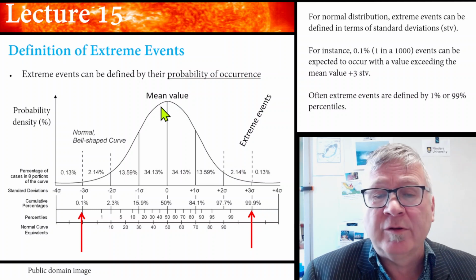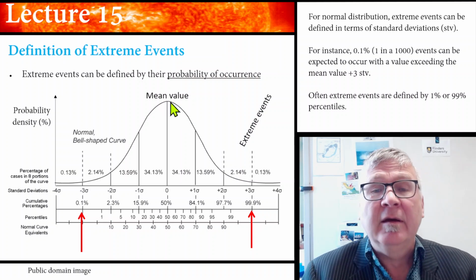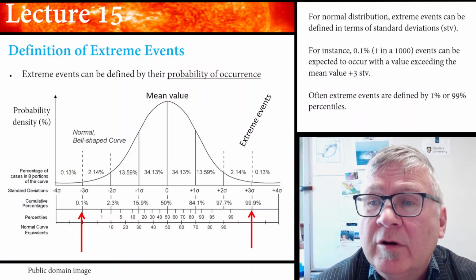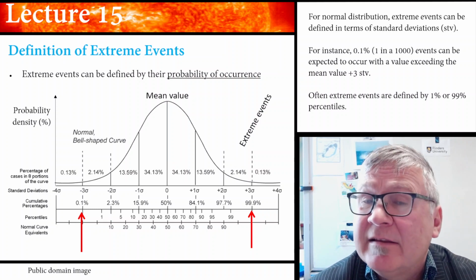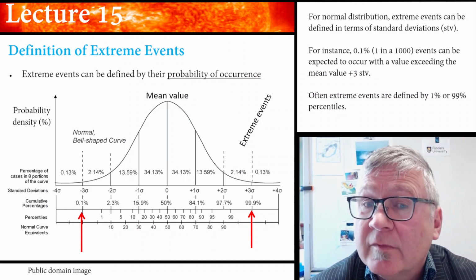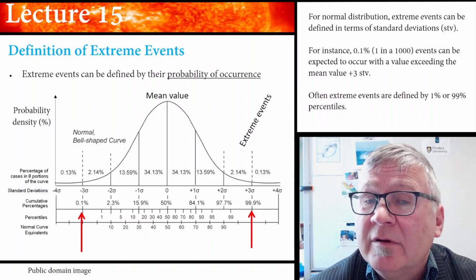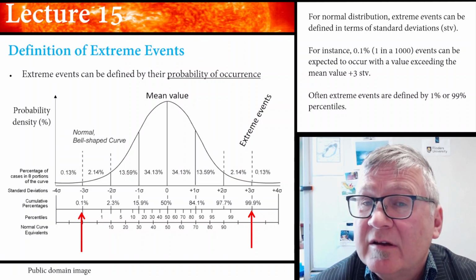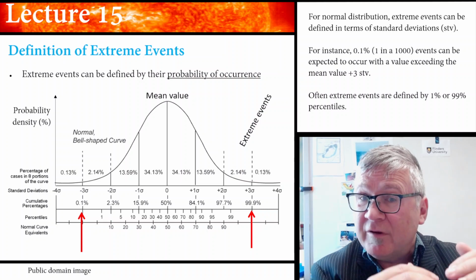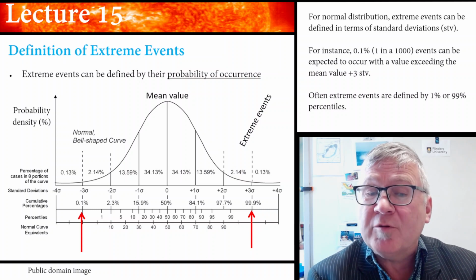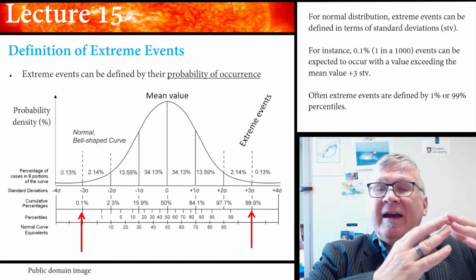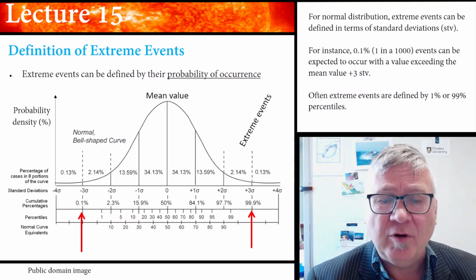You can work out what the mean value is. But you can also work out something that we call the standard deviation. And the standard deviation tells you about the spread of this curve, whether you have a very narrow bell-shaped curve or a very wide bell-shaped curve.